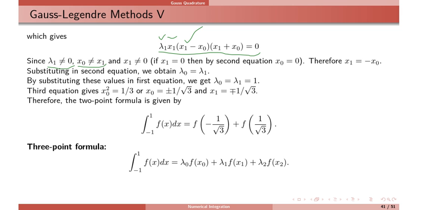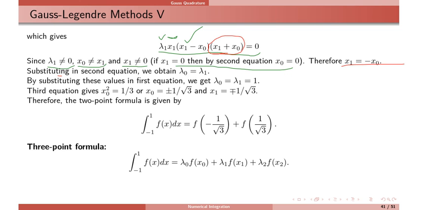If x1 is 0, then by the second equation x0 is also 0, so you have the 1 point formula, same as the previous one. So x1 is also non-zero. So the only possibility left is that this factor x1 plus x0 equal to 0. This means x1 and x0 are of opposite signs, so x1 equal to minus x0.